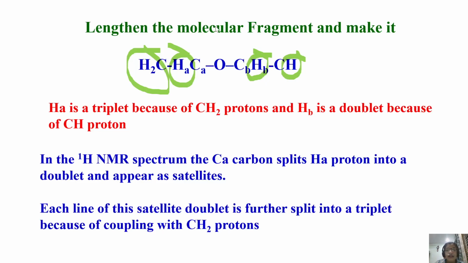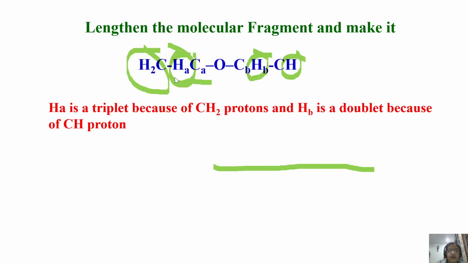But if I take into account the carbon coupling also, in the 1H NMR spectrum, what happens? Carbon A splits into a doublet because of proton A. Remember, carbon A splits into a doublet because of proton A. So at the proton chemical shift site, what is going to happen?